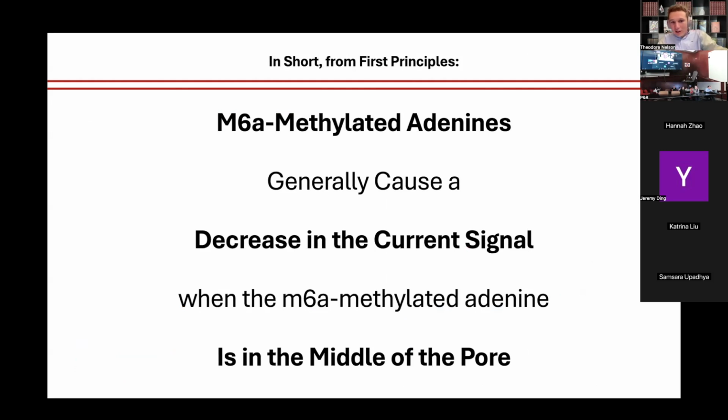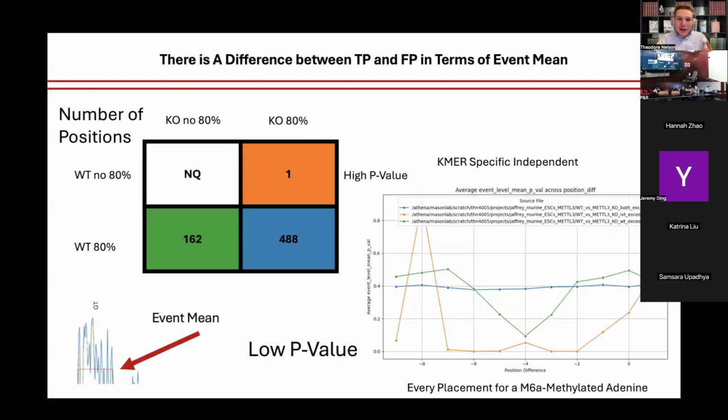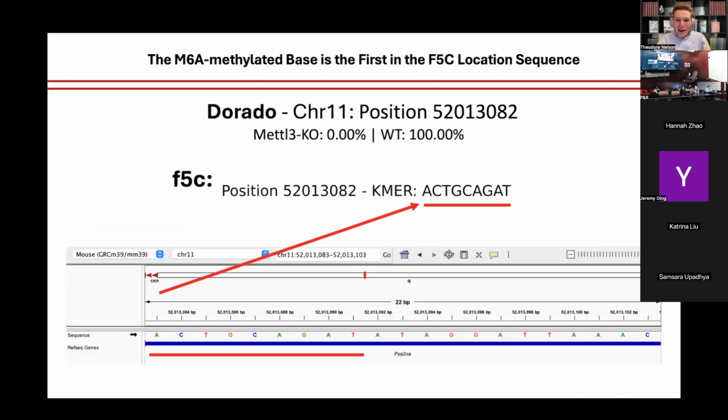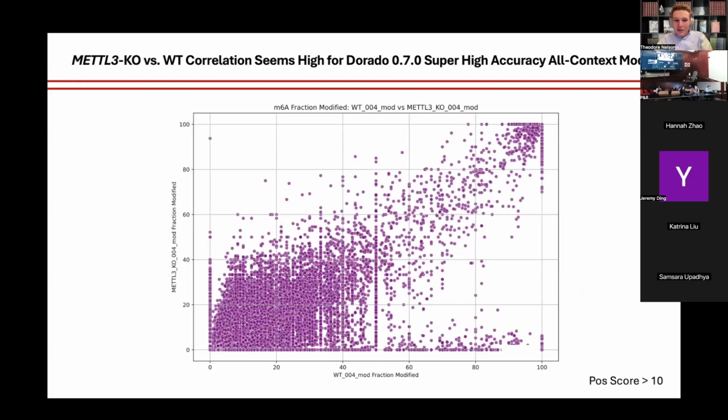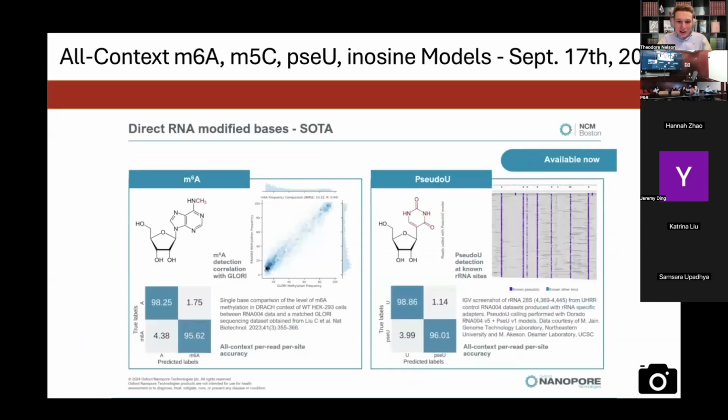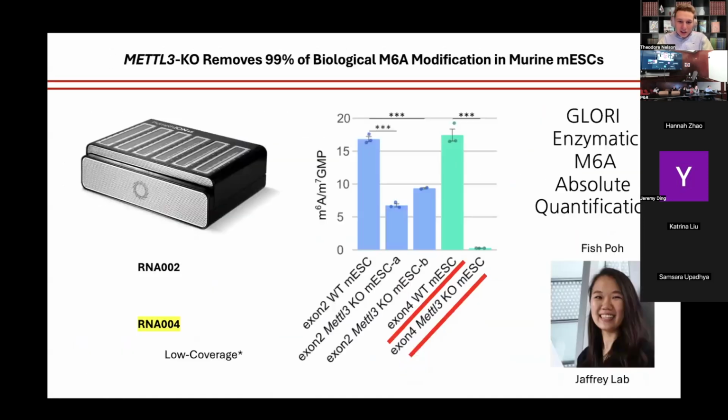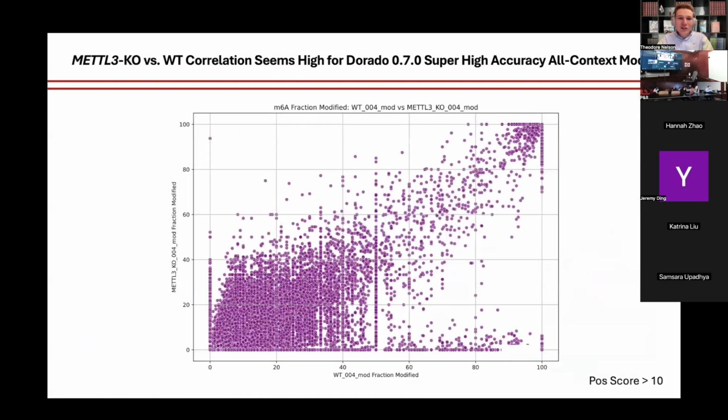The other question that may come to mind is, if you go all the way back to this plot that I had of knockout and wild type, and you compare that to any of Nanopore's plots or any of Nanopore's claims, there's quite a large disparity, right?